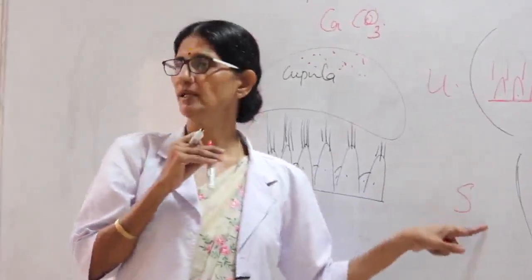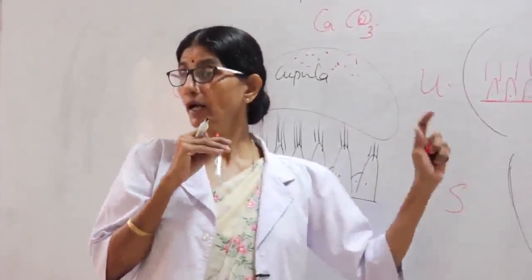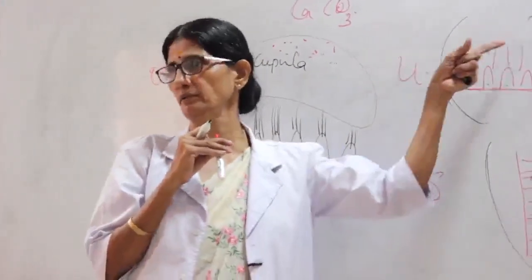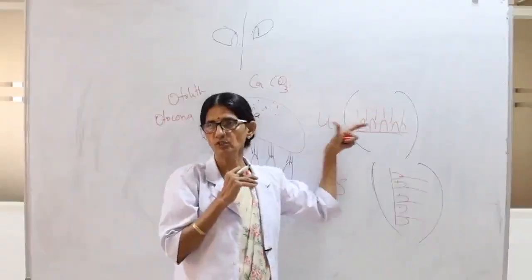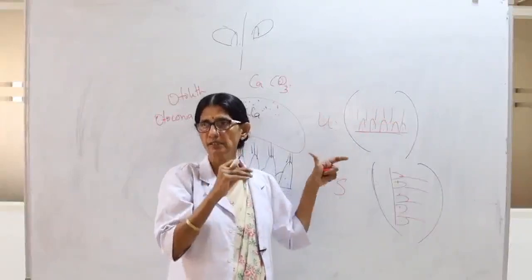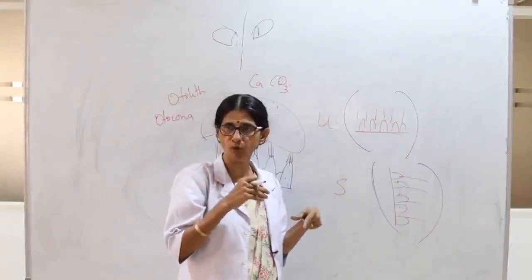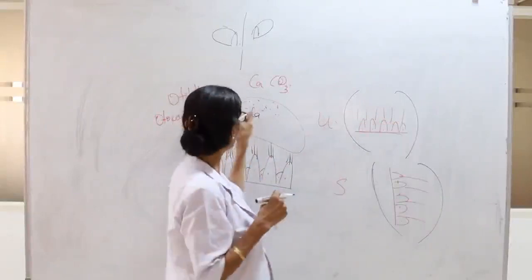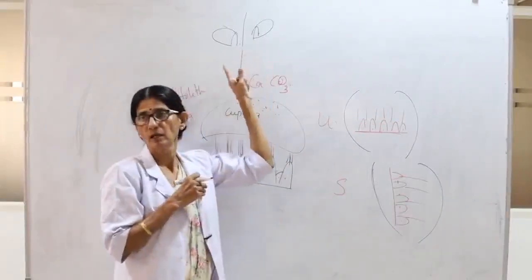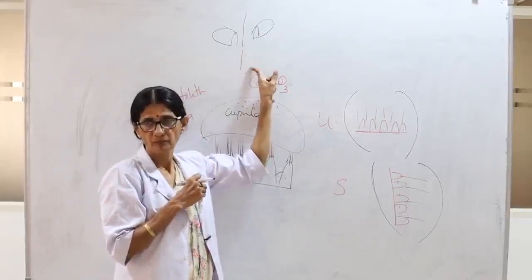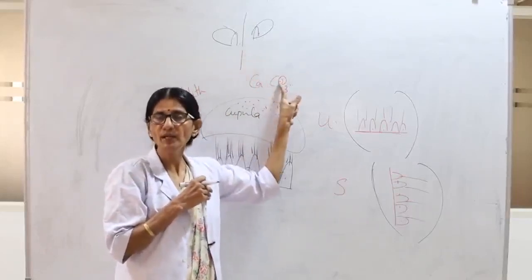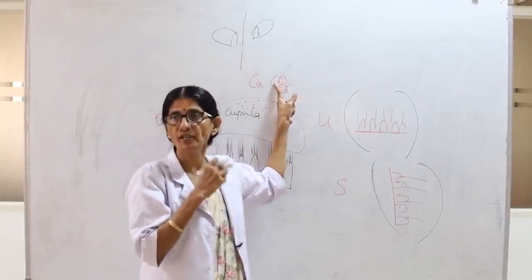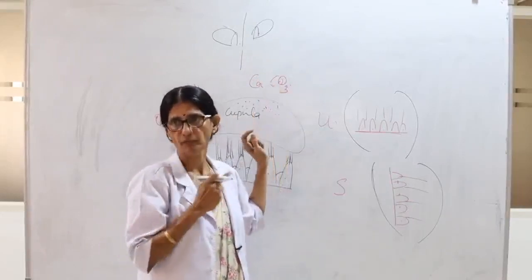For the same reason, there will be a continuous stream of impulses sent from these receptors to the brain because of the influence of gravity, apprising the brain about the position of the body with respect to gravity. Whereas these structures in the ampulla get stimulated only when there is a change in the position of the head in relation to the body.